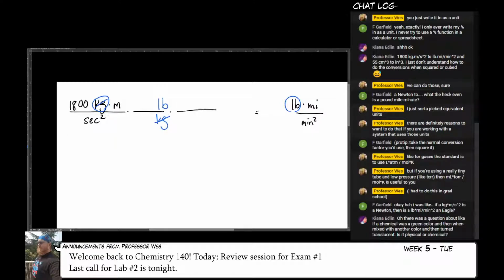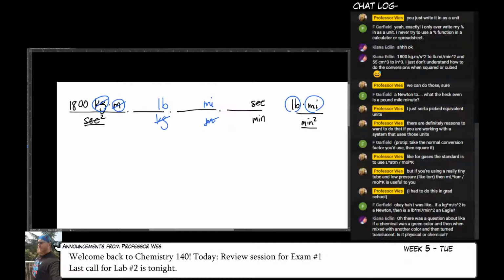Then the next one we'll do, I'm going to get rid of meters and turn it into miles here. So we'll go meters, miles. And we can look up these conversions later. And then the last one I need to get rid of is seconds. I need it to be minutes, but I need it to be squared. So first I'm going to do this so that these cancel out.